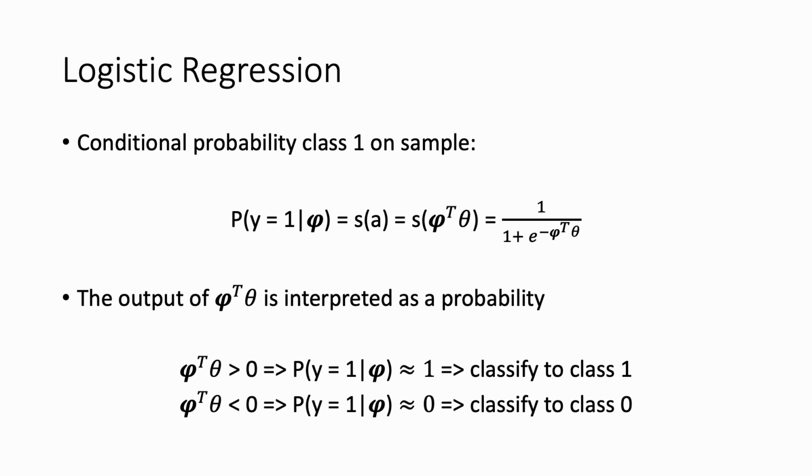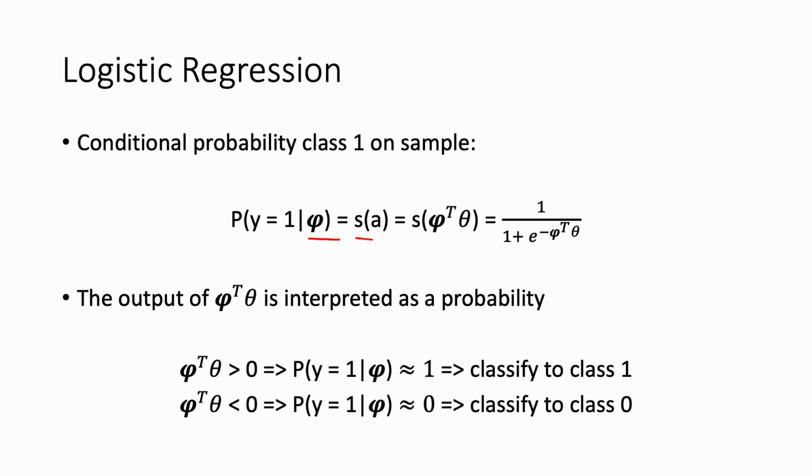In this slide, the conditional probability of label 1 given the sample phi is equal to the sigmoid of a, and we can replace a by the combination of theta and phi.